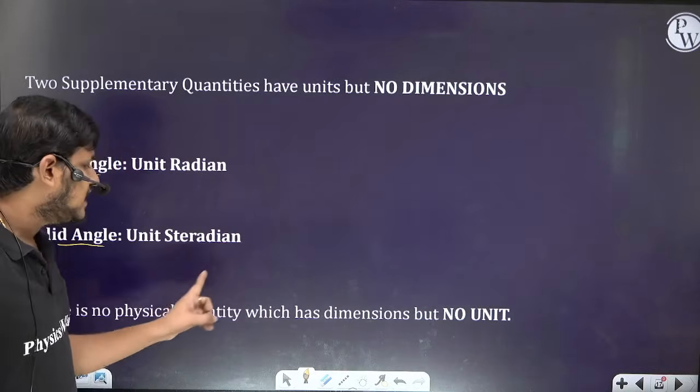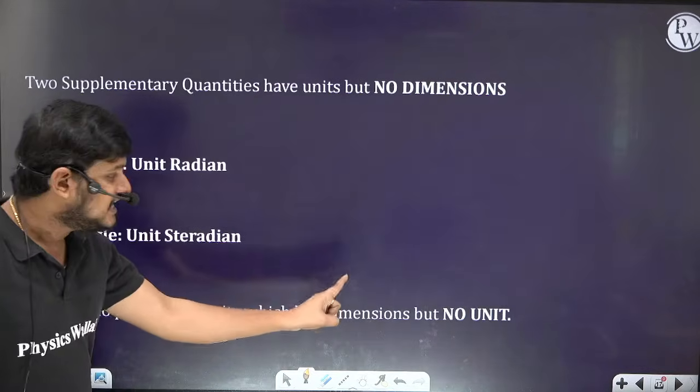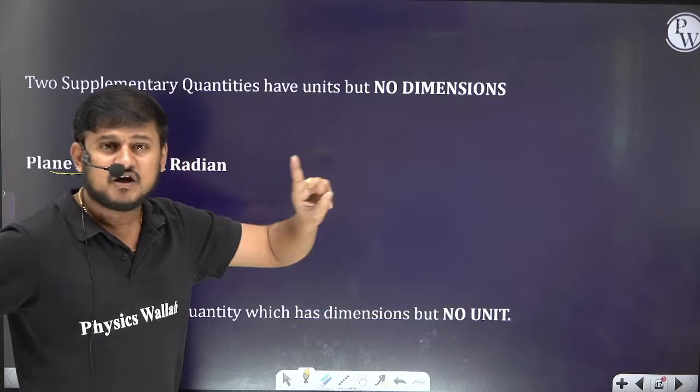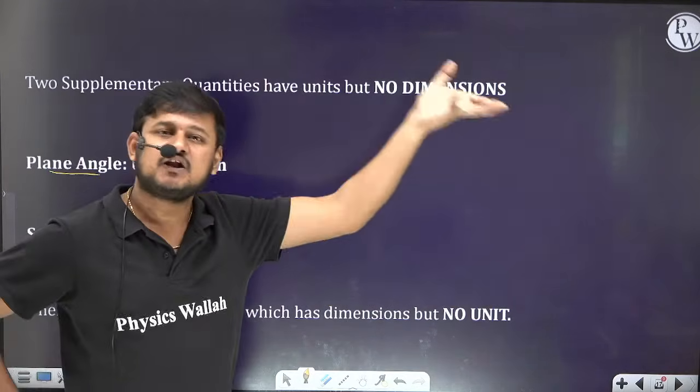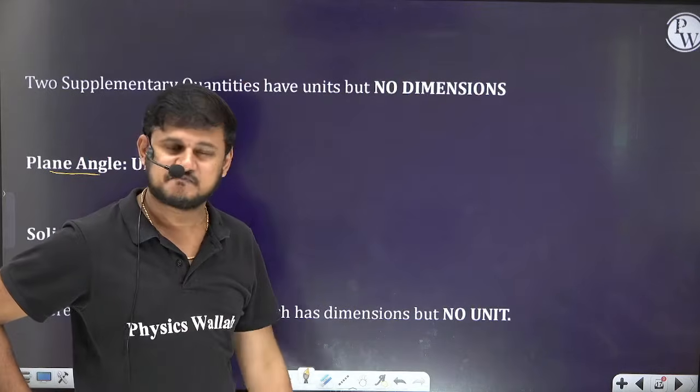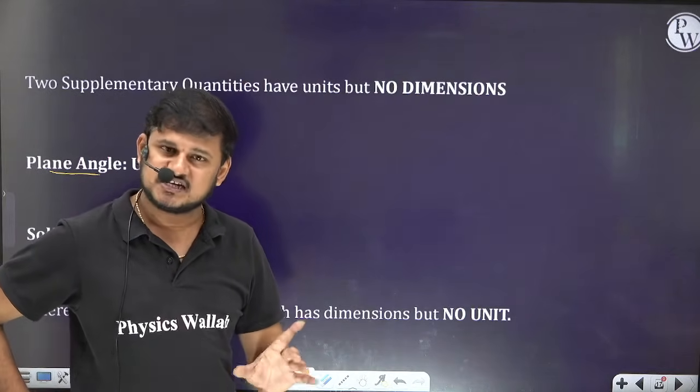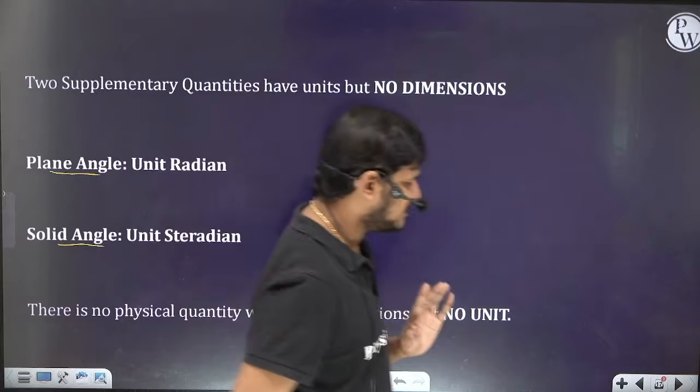Any physical quantity which has dimensions must have units. But physical quantities which have units may or may not have dimensions. Clear this part? Understood? Chalo. So remember that statement, guys.